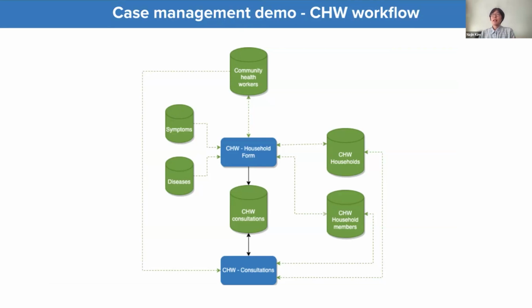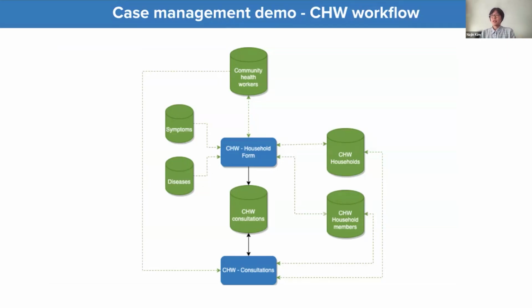What I'll show you today is how easy it is to update the cases and other server data sets simply by filling out the forms. And you'll also see how smoothly data is pulled from data sets like the symptoms and diseases data sets into the forms, which then better informs what the enumerators see when meeting with patients.